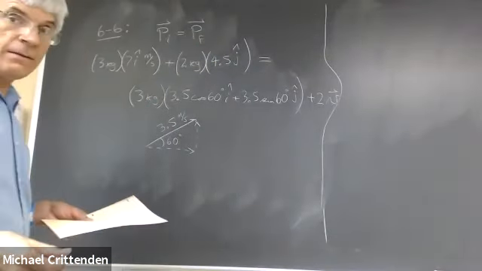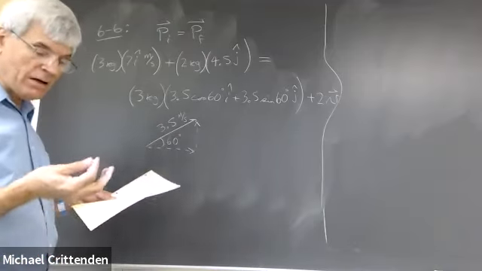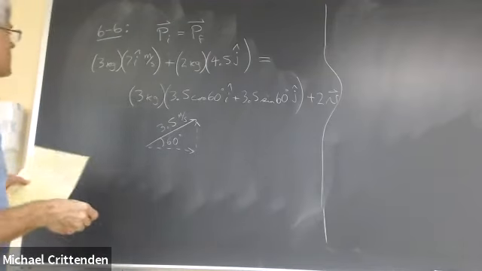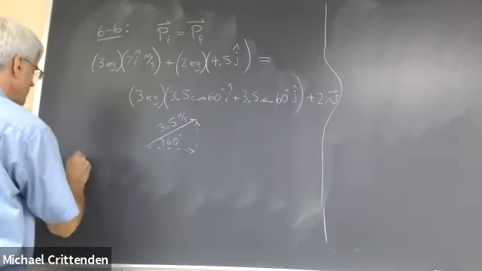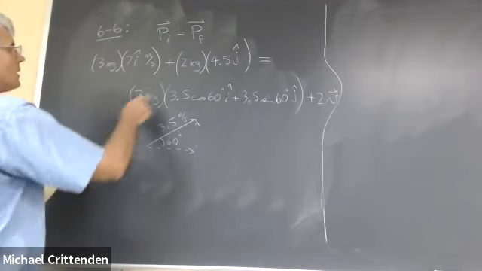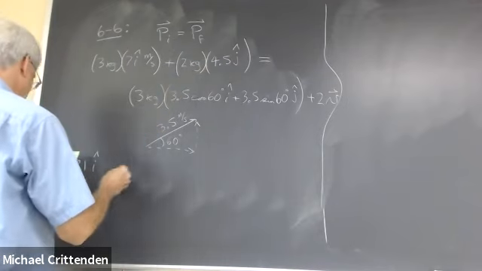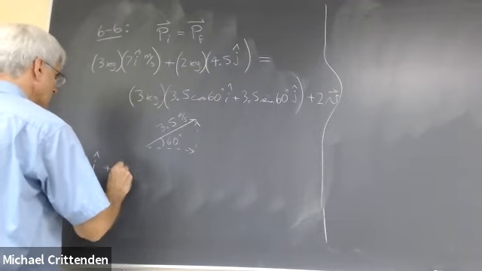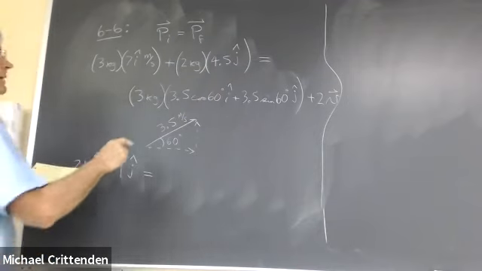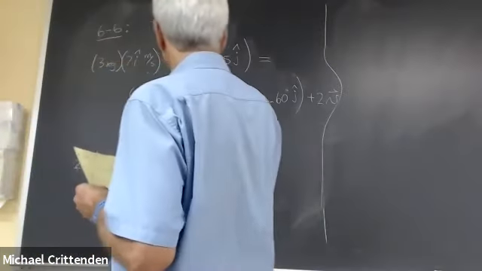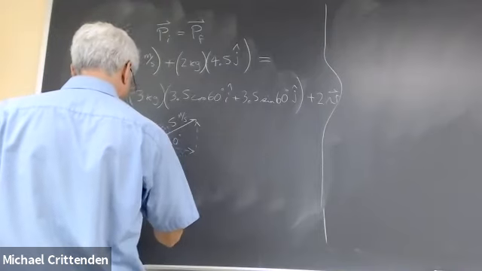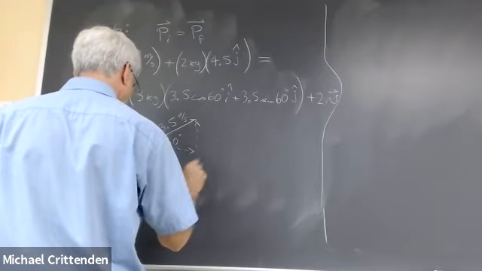Well, usually the setup is the hard part, and we've got that behind us now. What's left is just crunching through the math. 7 times 3 is 21. That times that is 9. That times the cosine is about 5.25.